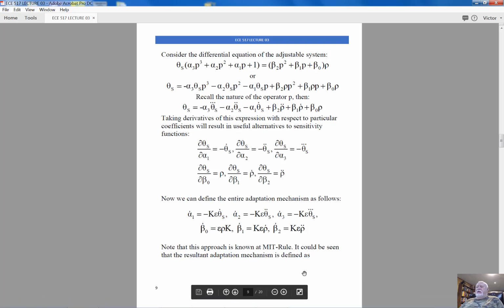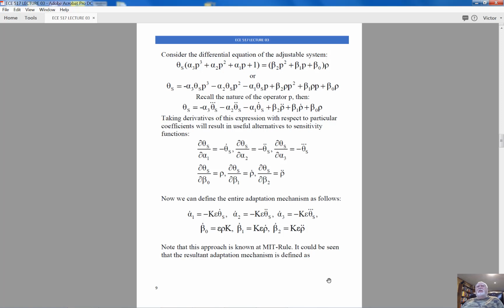This approach became known as the MIT rule. I can imagine that somebody at MIT invented this approach. How does it work? So-so. I even stopped giving students assignments to implement the system in simulation. You have to be really very close to the unknown parameters of the reference model.